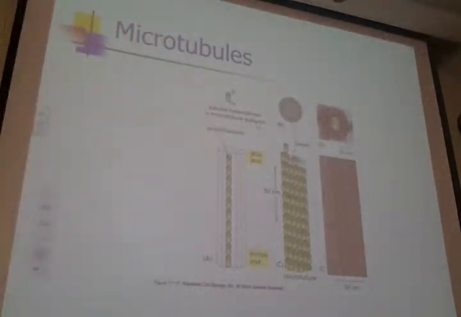So if we start at the smallest level, microtubules are made up of proteins called tubulin. And it turns out that there are at least three different kinds of tubulin, and they're given Greek letters to designate them. So there's alpha tubulin, beta tubulin, and gamma tubulin.